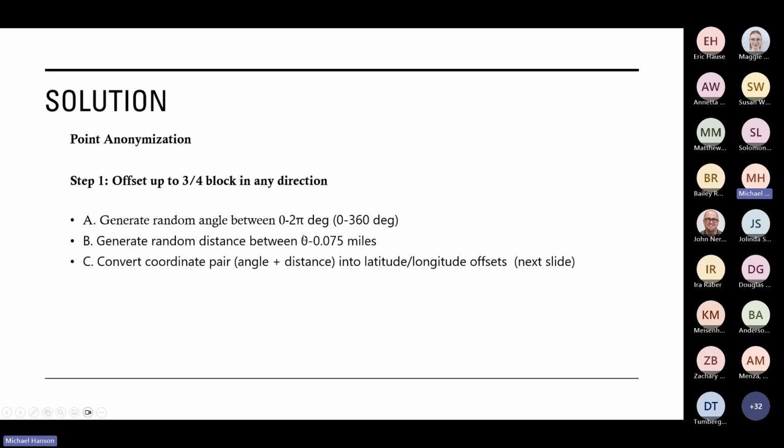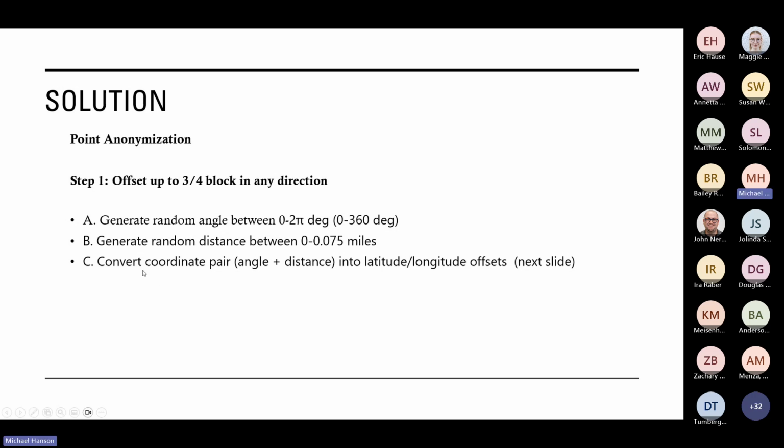I don't know why I chose to use radians for this, but I did. And then I generated a random distance between 0 and 0.075 miles. Just assuming the standard block is about 0.1 miles. I didn't want these points to be so far off that they're not even on the correct block anymore.